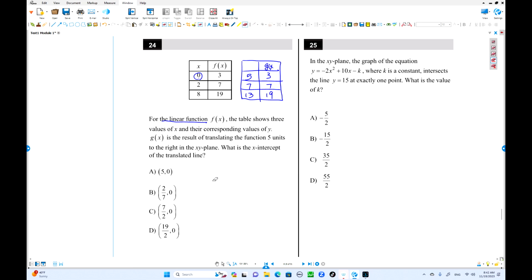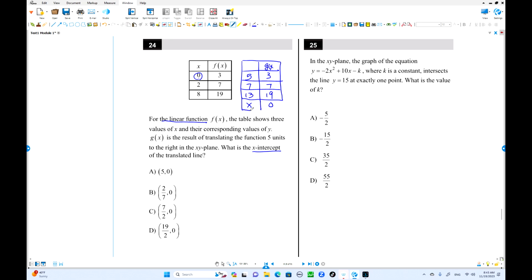Now we're gonna find the x-intercept. You can use the slope, and after you find the equation, find the x-intercept again. Anyways, I'm gonna use the slope. The x-intercept is, if this is x, y equals 0, right?